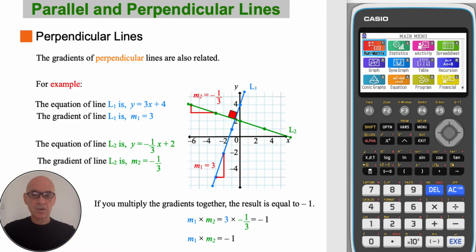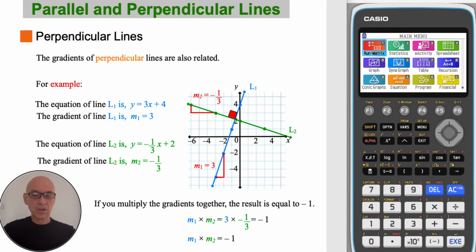The gradients of perpendicular lines are also related. The equation of line L1, the blue line, is y equals 3x plus 4. The gradient of this line, m1, is equal to 3, as can be seen in the diagram.